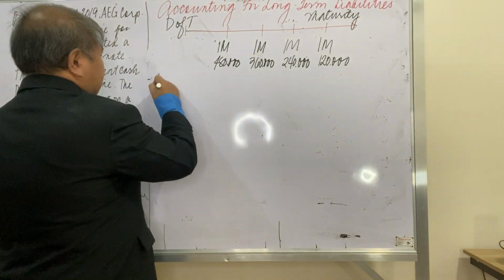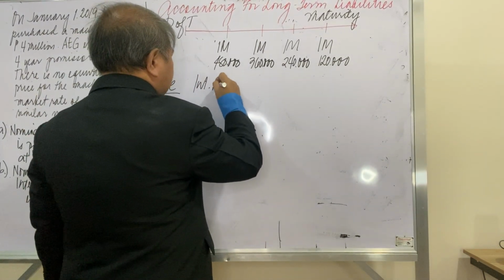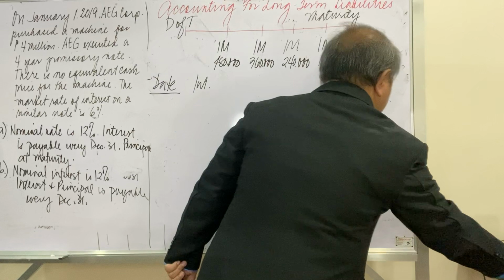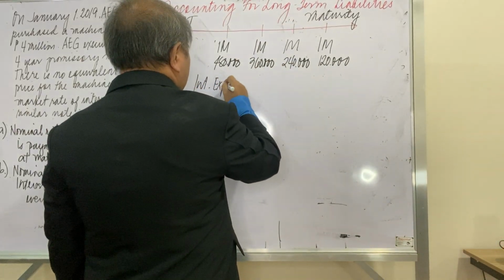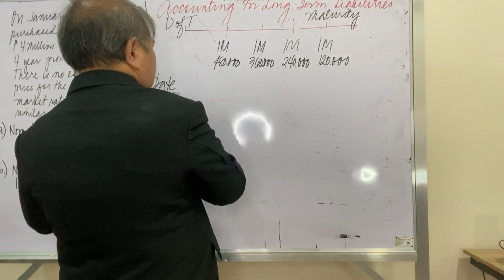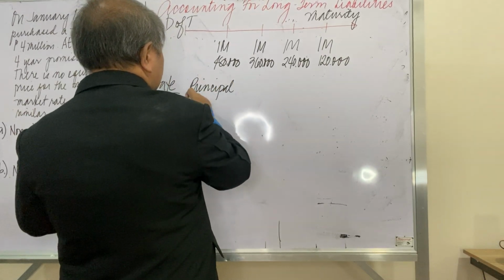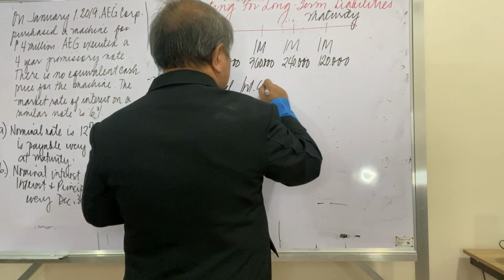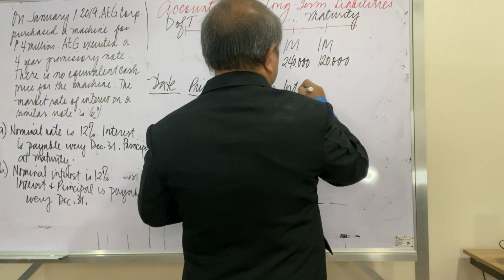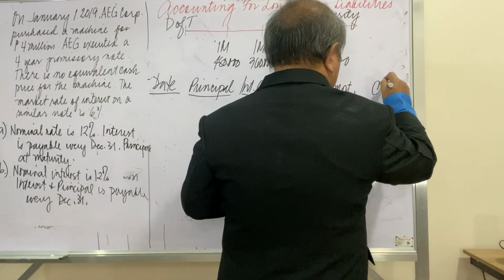So we have here the date, the interest payment, interest expense, there's a payment of principal, then we have amortization, and then the carrying value.